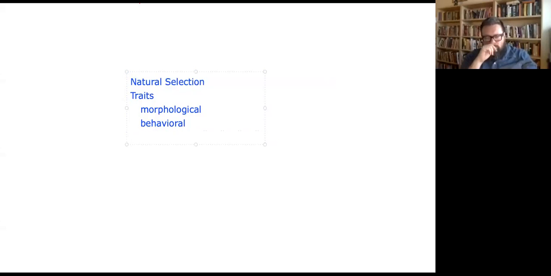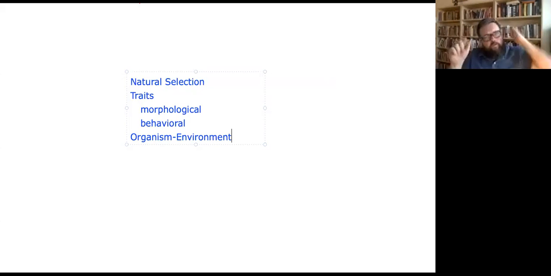Now, to understand natural selection, we use what's called the organism environment model. So we're going to define both sides of that. On one side is what I called the biophysical world in our last lecture. You could even just use the word environment, but I'm wary of the word environment because of the way we use it in American English.